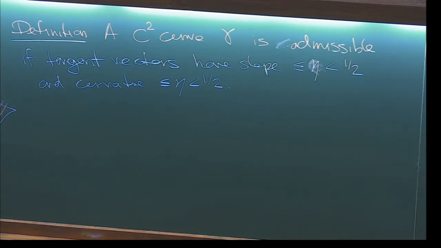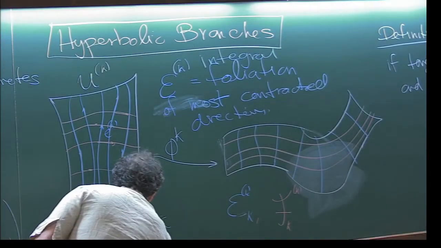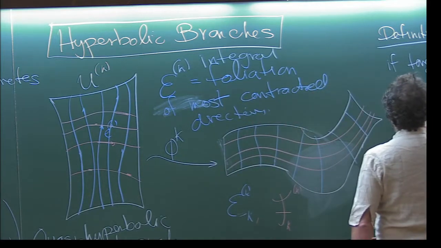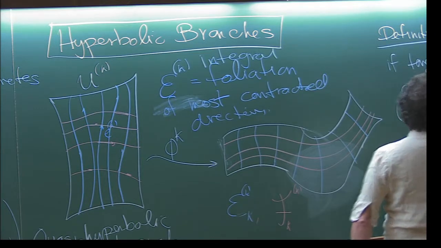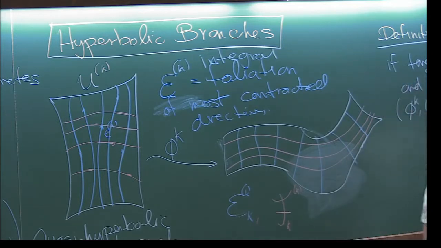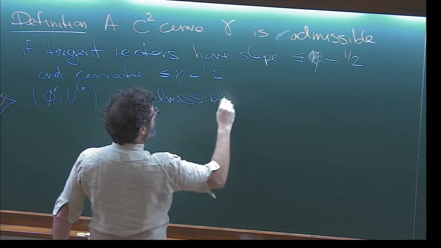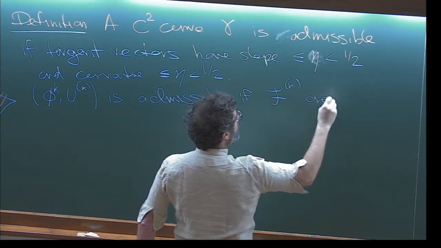And then we call these quasi-hyperbolic branches. At the moment, we'll call these just quasi-hyperbolic branches because there are no real assumptions. We will need to put a little bit more assumptions. This is a quasi-hyperbolic branch so far. It has this geometric structure. So a quasi-hyperbolic branch, phi k, U k, consists of this domain U k and this map phi k. It is admissible if the leaves of the foliation F k are admissible.